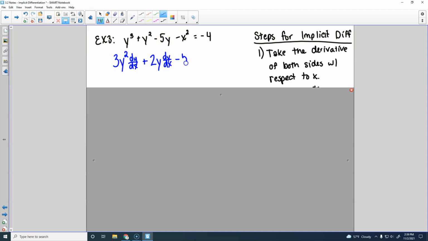Minus 5. This needs a dy dx. Even though the y went away, we took the derivative of something that had a y, so it still has to be there. And then minus 2x, this does not need a dy dx because it wasn't a y. What's the derivative of -4? 0. So if you're taking the derivative of something with a y, put the dy dx on the end of it.